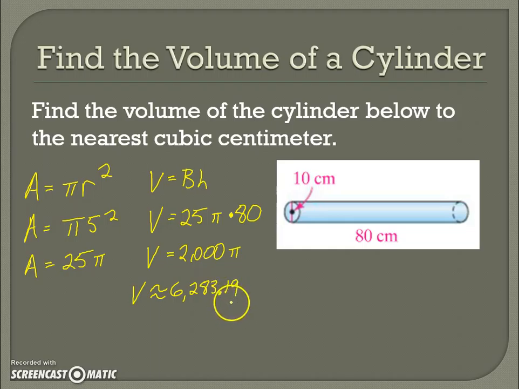Alright, so that is the approximate value of it. It says the nearest cubic centimeter, so I would say 6,283 centimeters cubed.